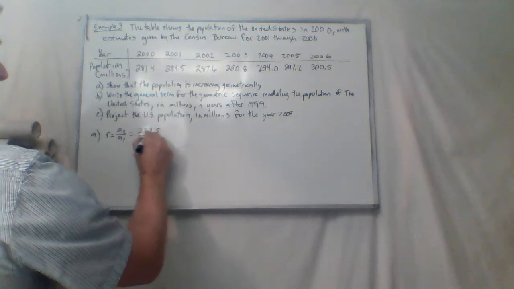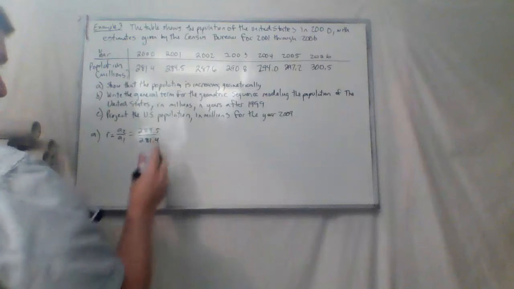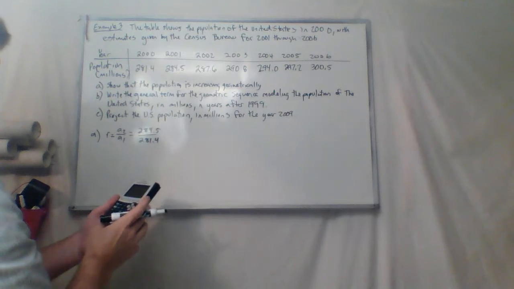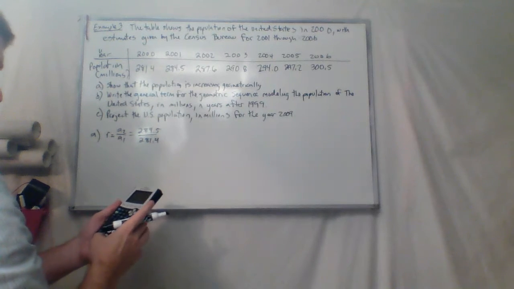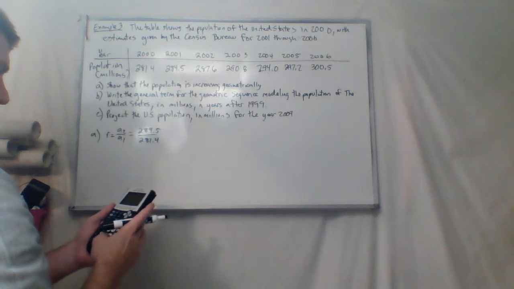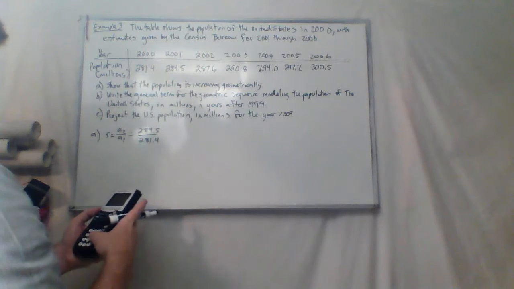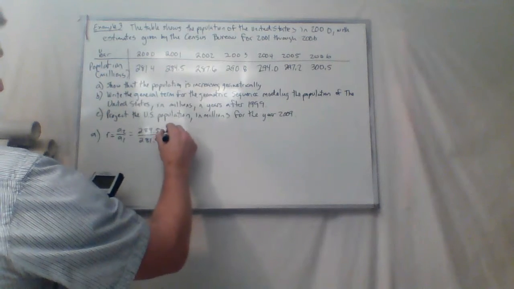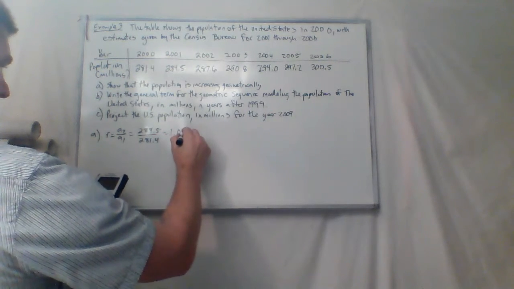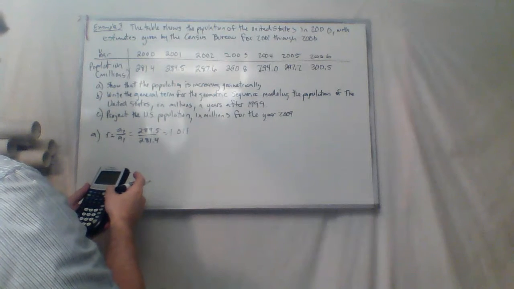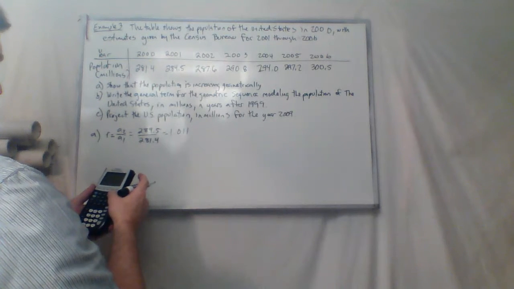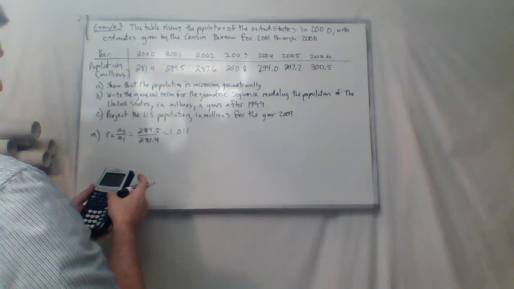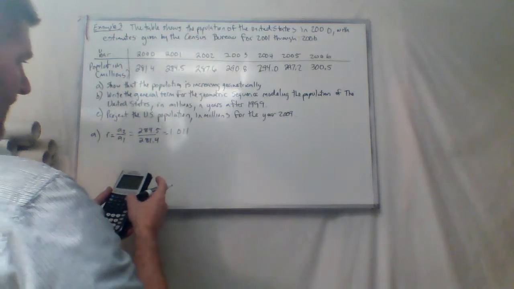So if I did 284.5 divided by 281.4, let's see what we get. If I can only type in correctly, I got 1.011. All right.